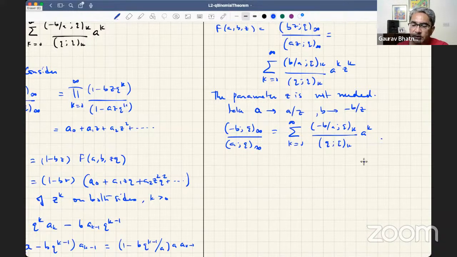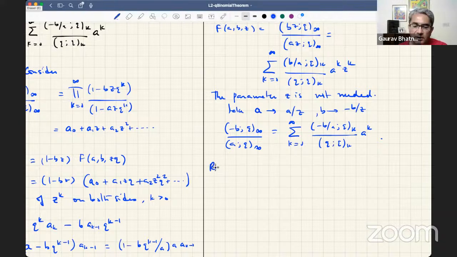So this is a formal derivation, and again we have to get used to formal derivations, but this proof works even as an analytic identity.